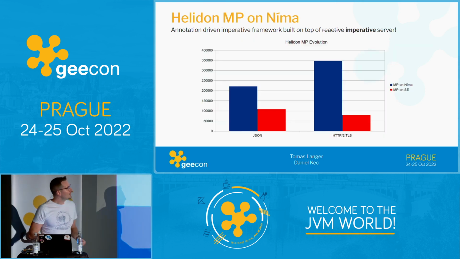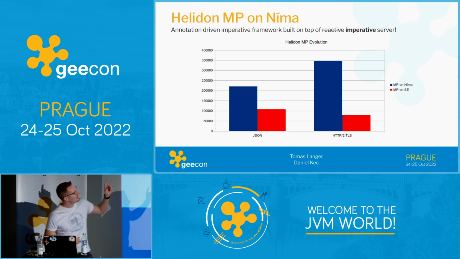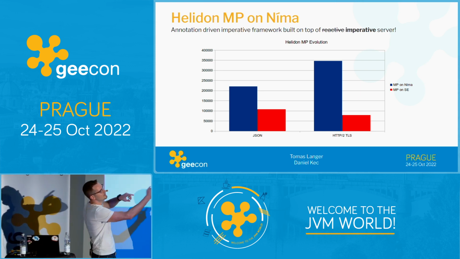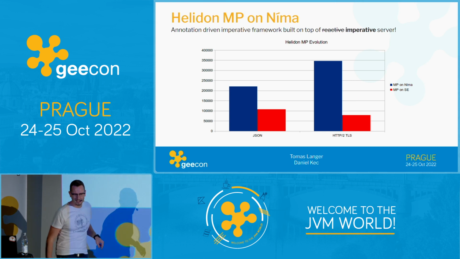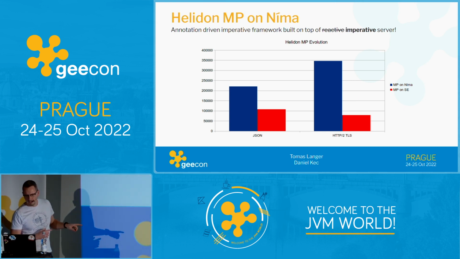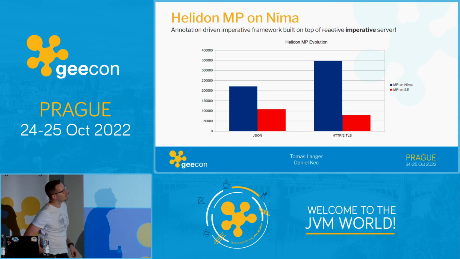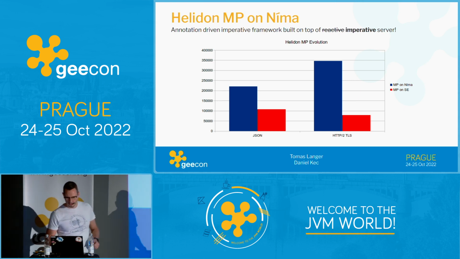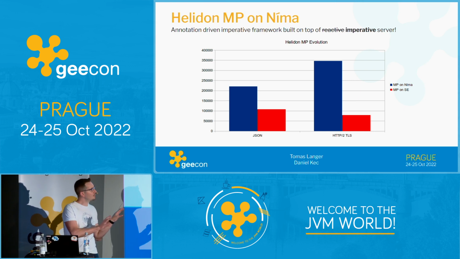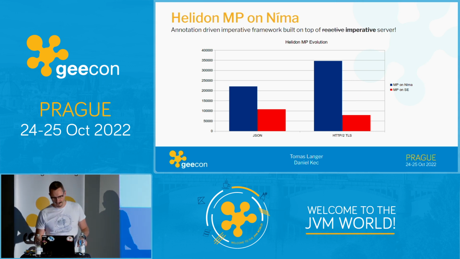So we have really nice numbers now. You can see the same. This is actually the same use cases as we saw on the previous performances, but this time we are comparing the Helidon MP on Nima with the Helidon MP on SE. And as you can see, we just got really nice numbers. And this is very preliminary because we are still working on this. And we expect the numbers go even better.